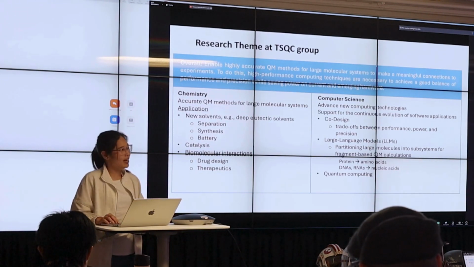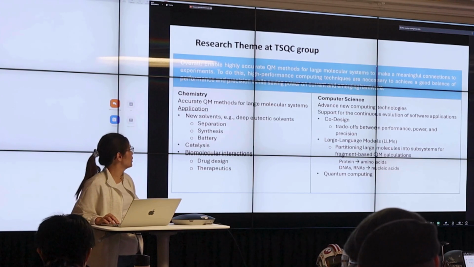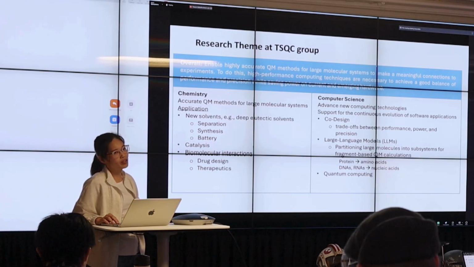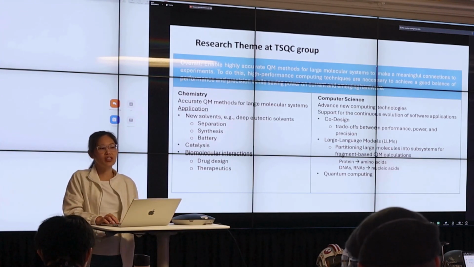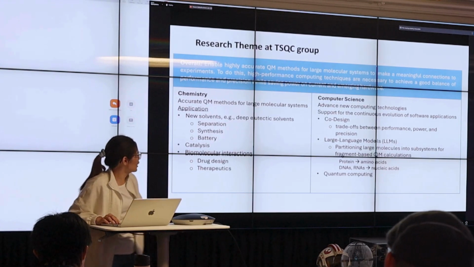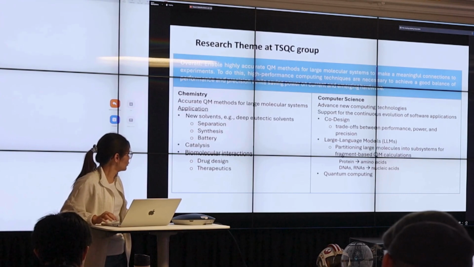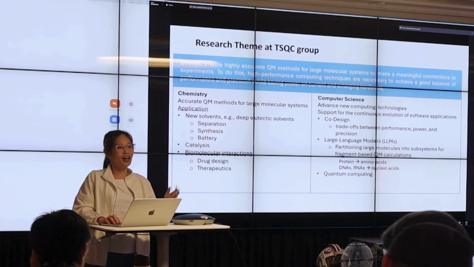especially in chemistry. Since it also involves software development, using quantum mechanics uses a lot of computer resources in terms of disk and memory, so I'm also involved in work close to the computer science part.